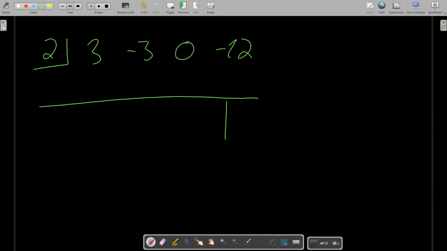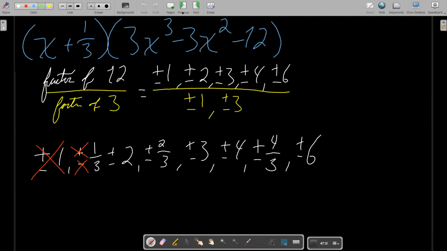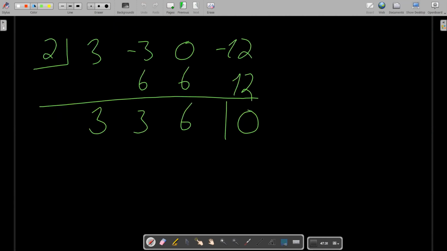Okay, so we bring that 3 down. 2 times 3 is 6. Positive 3. 6, 6, and then positive 12, and then 0. Yay, we're good. So I know that 2 is now a factor, so I can rewrite this equation as, we know that x plus 1/3 is 1 factor.